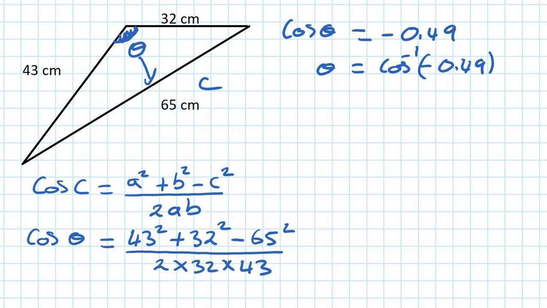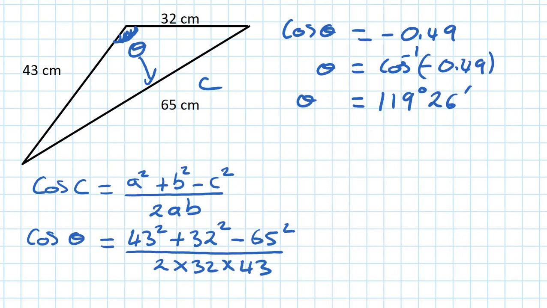I just go shift cos and then the answer, so it gives me a more accurate result. So the answer is theta equals 119 degrees and 26 minutes. All right, now I have the angle theta.